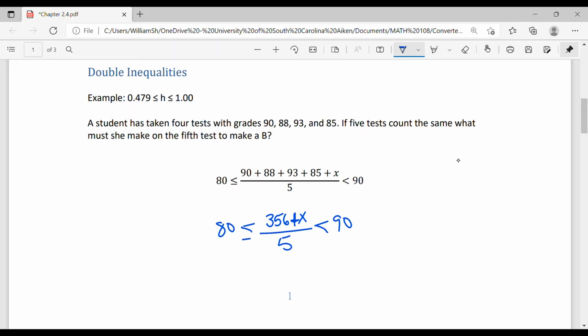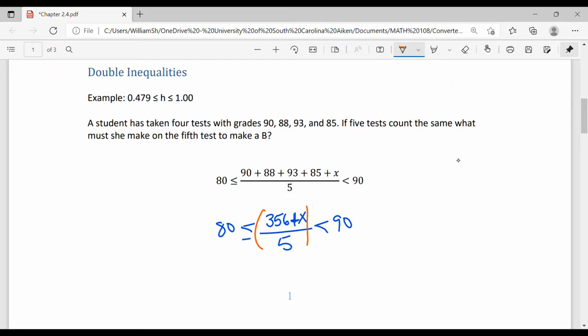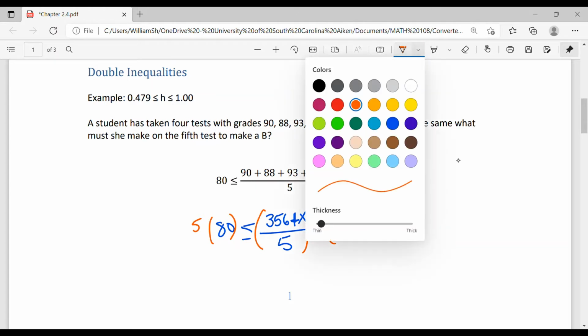Alright, the next thing I'm going to need to do is get rid of this 5 in the denominator. In order to do this, I need to multiply this middle term by 5. But if I multiply that middle term by 5, I also have to multiply this term by 5 and this term by 5. So essentially what you'll find with double inequalities is what you do to one thing, you have to do to all 3. Okay, that's your big secret.